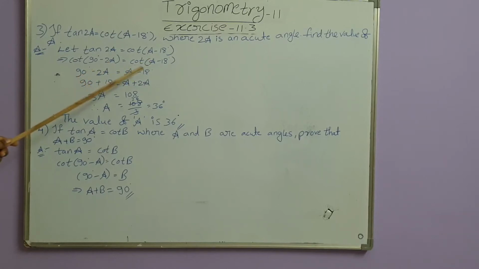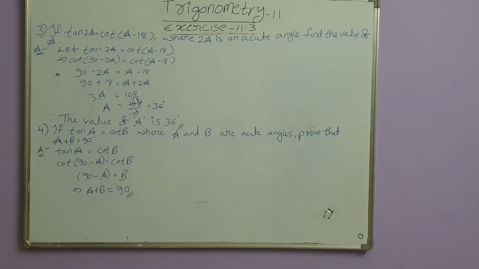Taking minus 18 to this side, 90 plus 18 is equal to A, and taking 2A to this side, plus 2A. 3A is equal to 108. A is equal to 108 by 3, which is 36. So A is equal to 36. The value of A is 36 degrees.